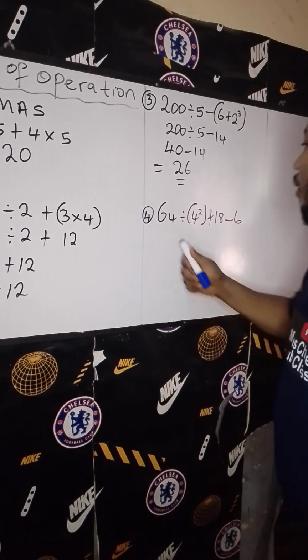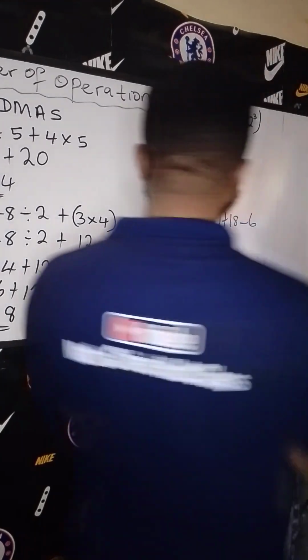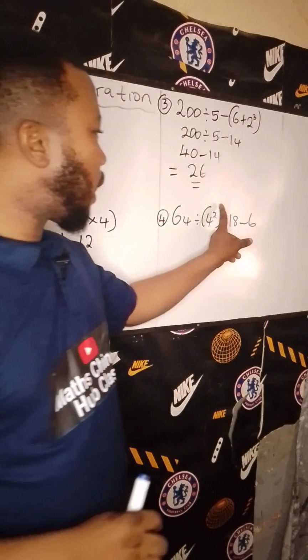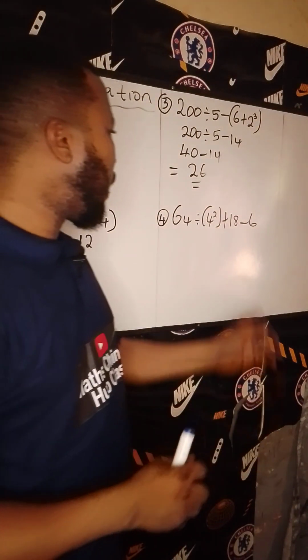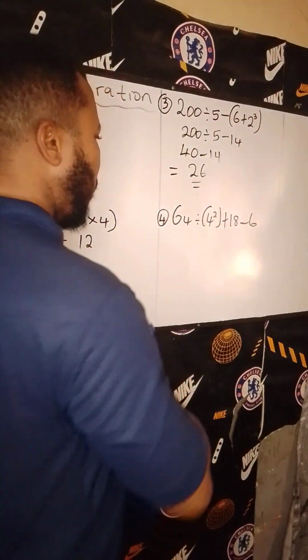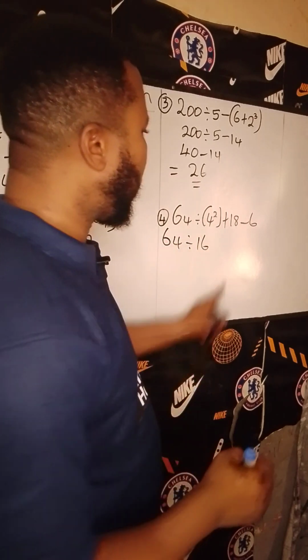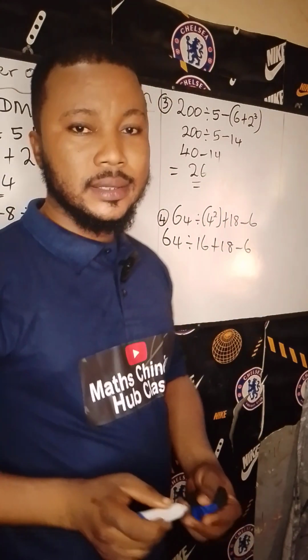So let's look at the fourth question, which says 64 divided by, in bracket, 4 squared plus 18 minus 6. So first we work with the bracket. That means 4 squared gives us 16. 64 divided by 16. We bring the others down, plus 18 minus 6.